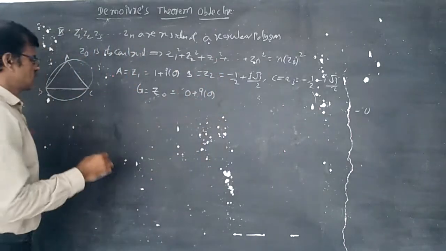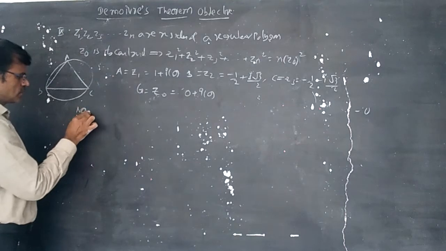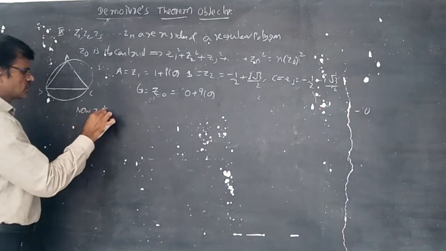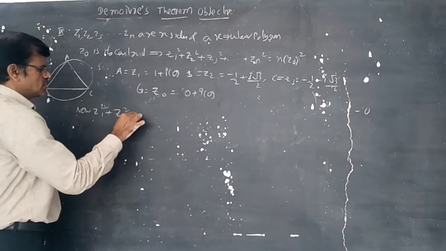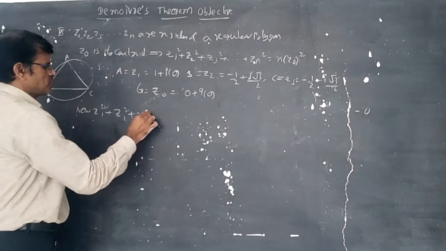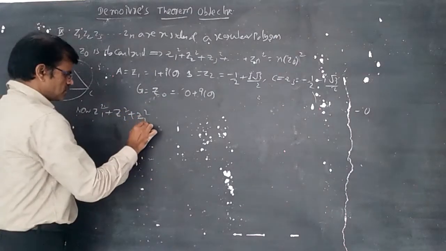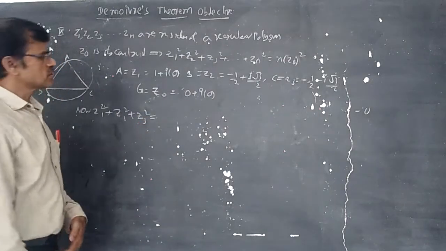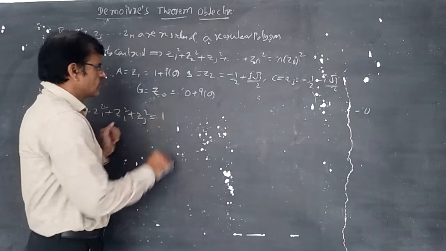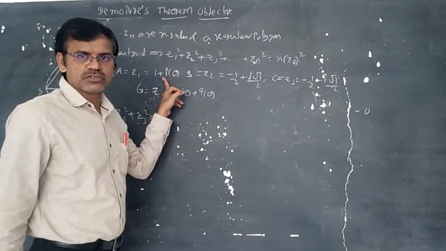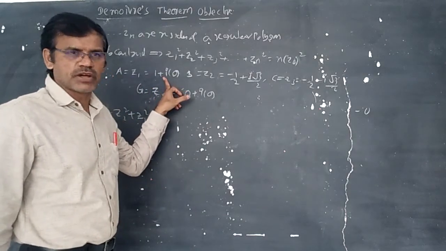Now write Z1 square plus Z2 square plus Z3 square. What is Z1 square here? Z1 is simply 1. Students, you can understand, 1 plus i into 0 whole square is nothing but 1.